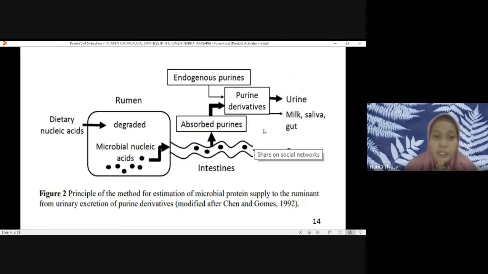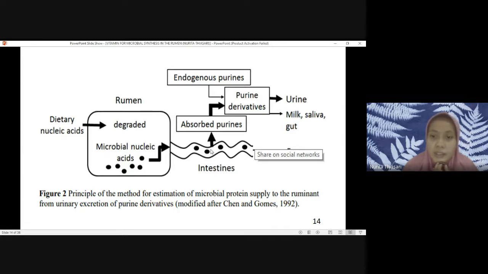So in this figure, I would like to explain more about the purine, and why the author would like to show the microbial protein with the purine derivative. Dietary nucleic acid enters the rumen and is degraded, becoming microbial nucleic acid, and then goes to the intestine.